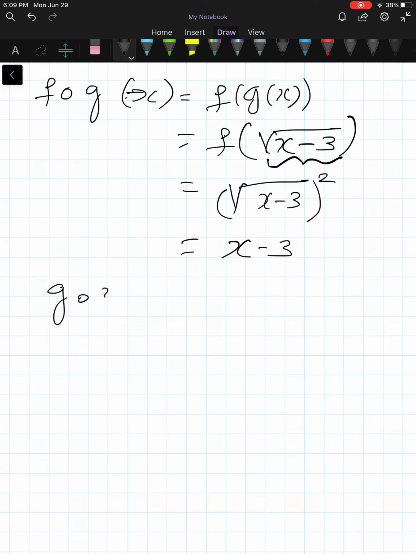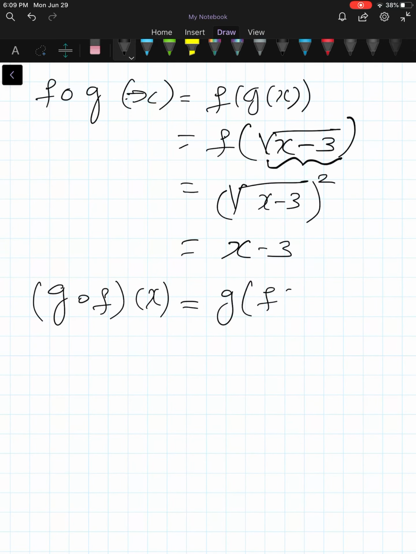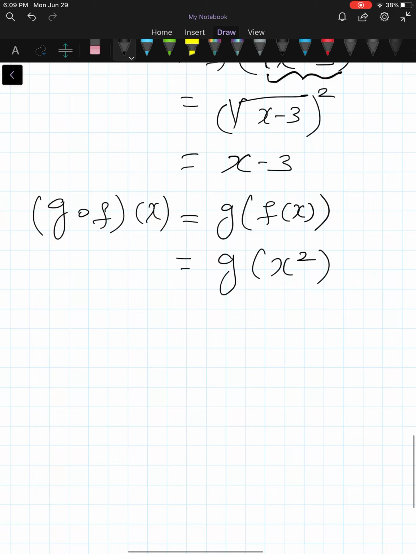So what happens to g of f of x? You can see that composition is not commutative, but product is commutative. Okay, we will see that now. g of f of x. What is f of x? It is x square. So substitute that in the place of f of x within the brackets.